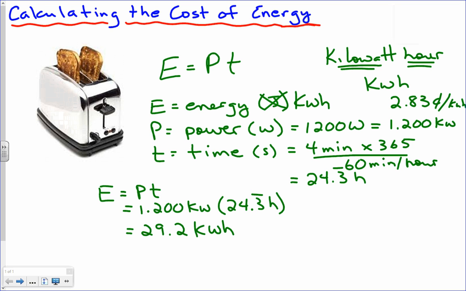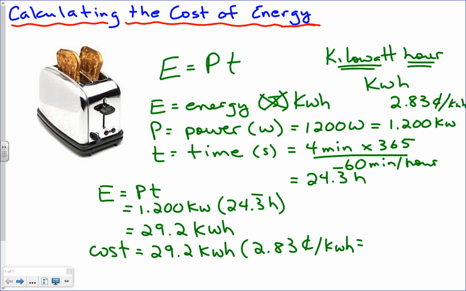So if I want to know the cost for the whole year of delicious toast cooking, I need to go 29.2 kilowatt hours times 2.83 cents per kilowatt hour, and that's going to give me my answer in cents.